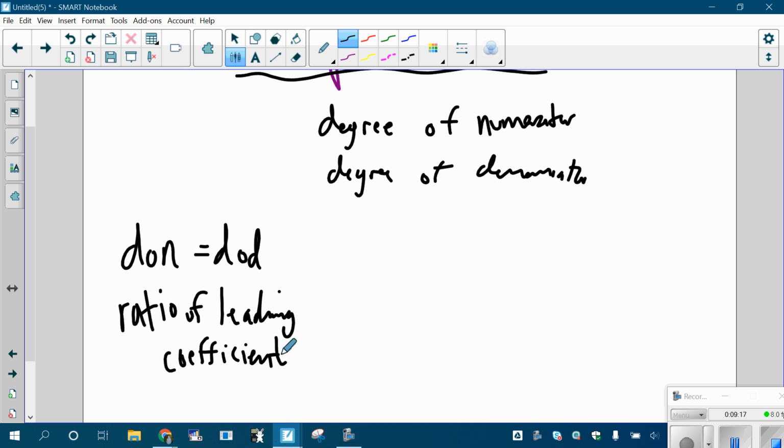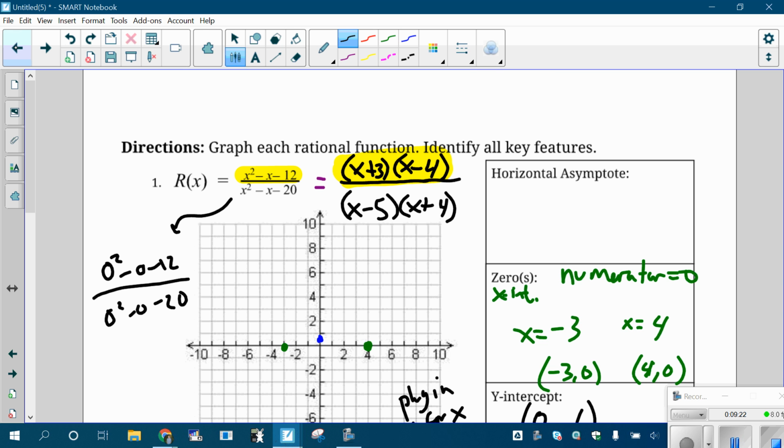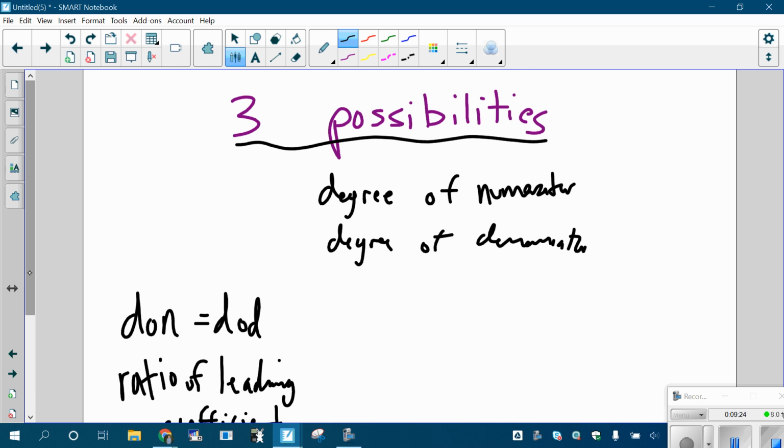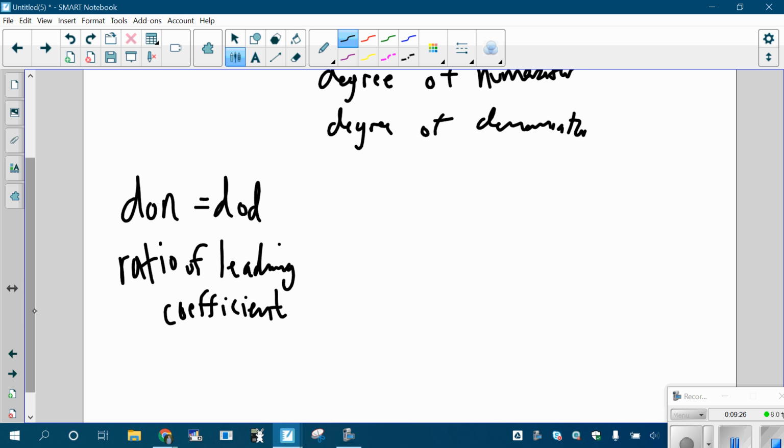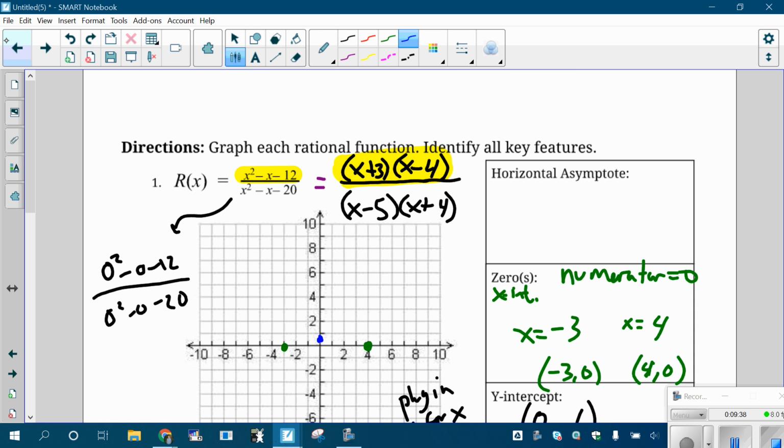What's a ratio? Fraction. What are leading coefficients? Well, they're the numbers out front. There's nothing there, so there's a 1. There's nothing there, so there's a 1. And you make it into a fraction. So your horizontal asymptote is going to be 1 divided by 1, which is 1.